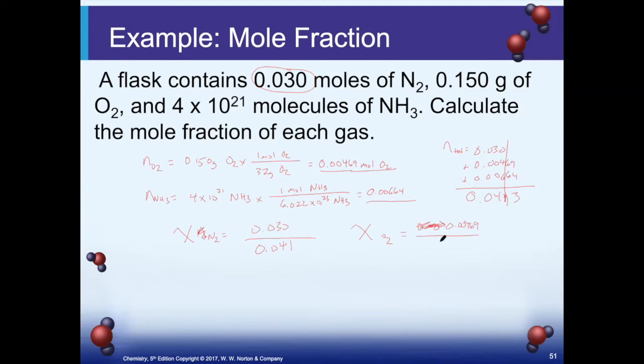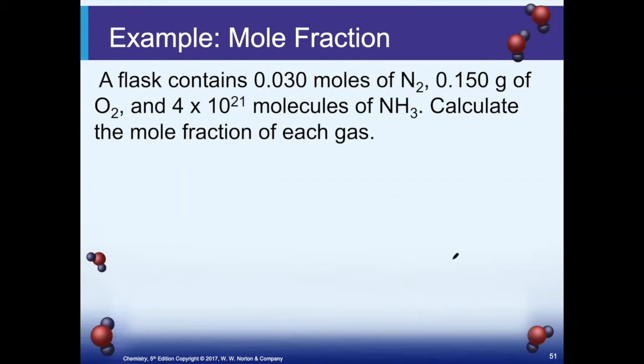And then you do the same thing for the ammonia, the NH3: 0.00664 divided by the total 0.041. Okay, and so I'll let PowerPoint finish up that calculation.